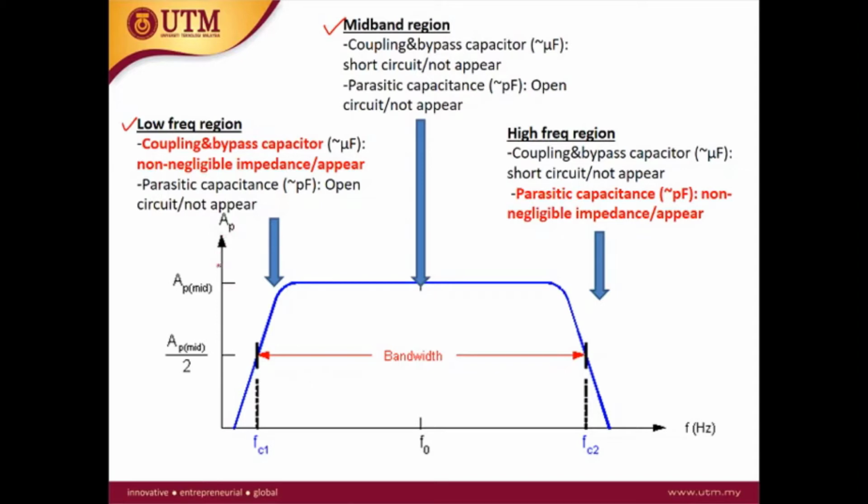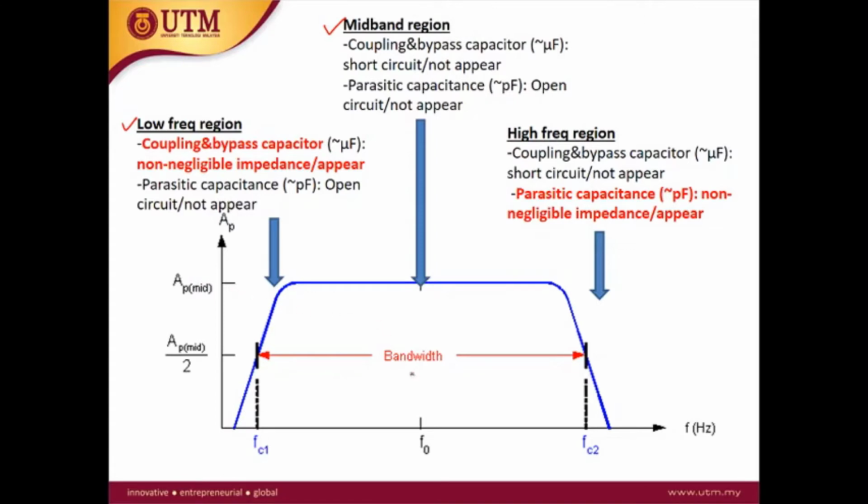The Bode plot here is of a typical amplifier. In the middle is the frequency range we call the mid-band, where the gain is stable at the highest point. We call it A mid. This is the mid-band gain.